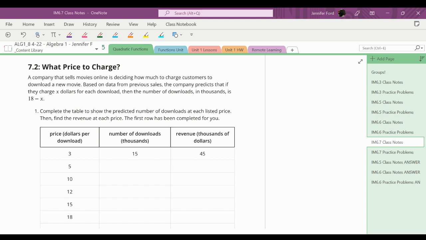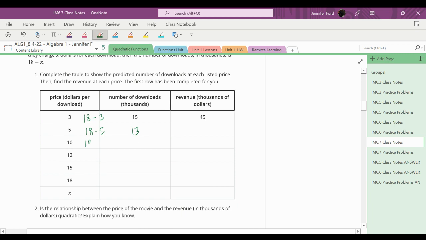If it's 5 per download, I'll put it in green right here. It's 18 minus 5, and this one was 18 minus 3, this is going to be 18 minus 5, which is 13,000 downloads. 18 minus 10, which is 8,000 downloads. 18 minus 12, which is, what is 18 minus 12? 6?